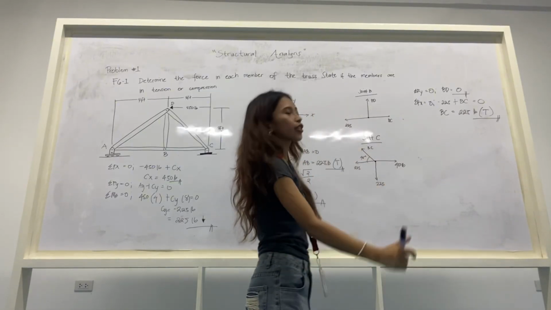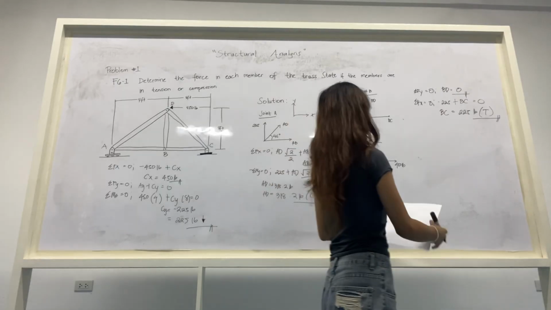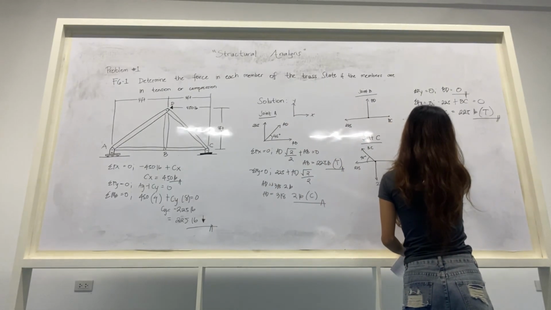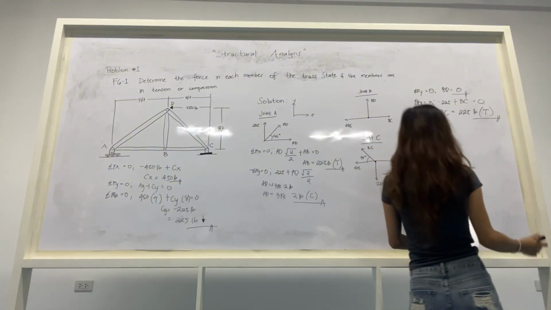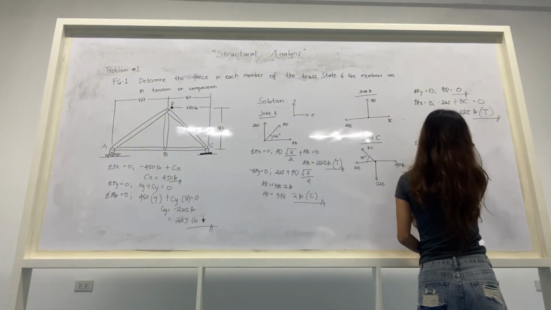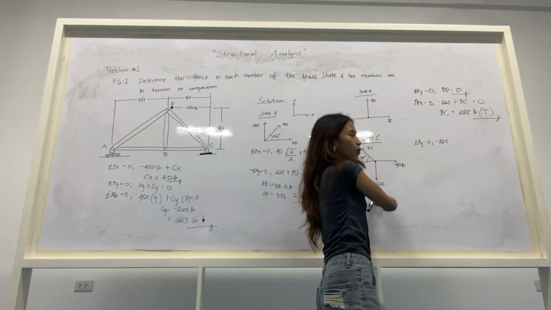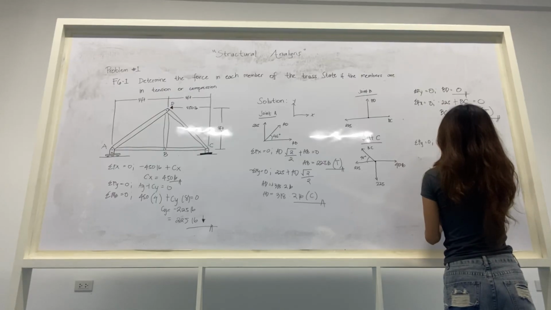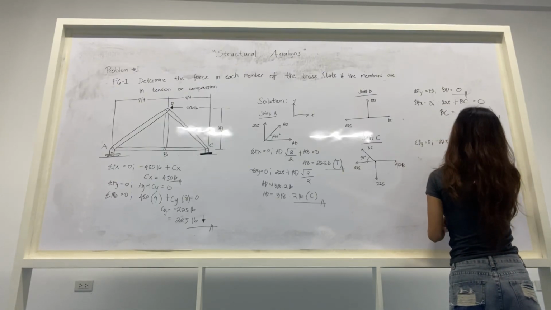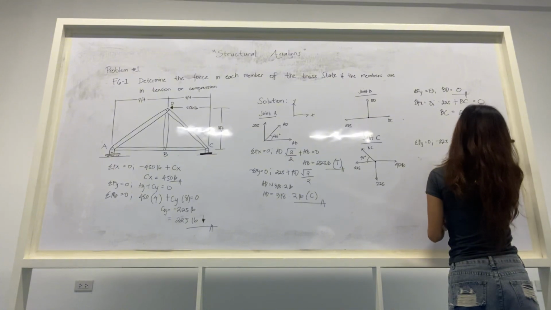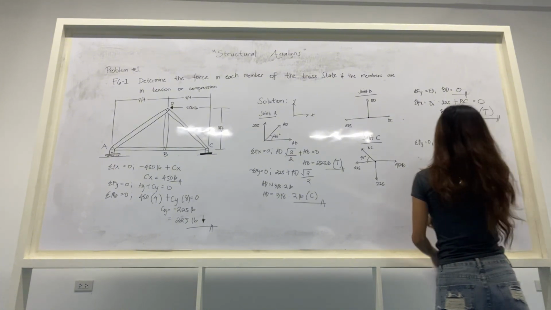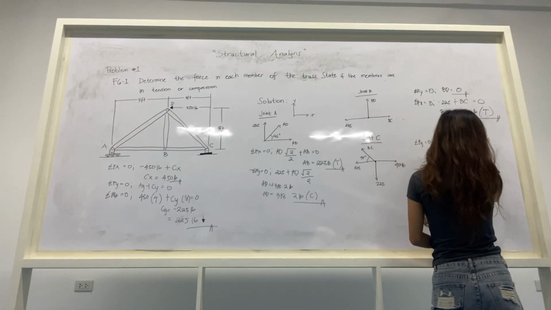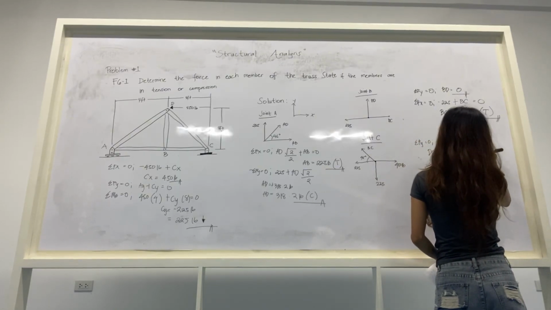So this is our joint C. For the summation of Fy, we have the summation of Fy is equal to 0. We're going to have the negative 225, since everything is downward, so it's a negative, plus BC sine 45 degrees is equal to 0. So the answer of our BC is equal to 380.2 lb and it's a tension.